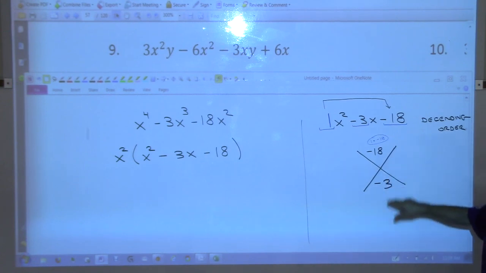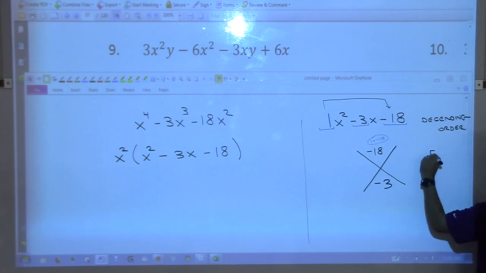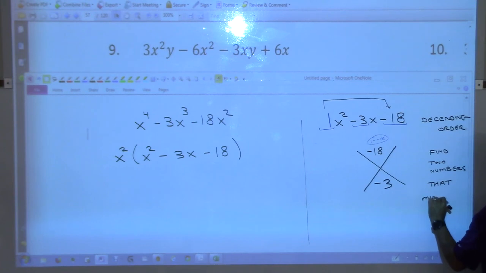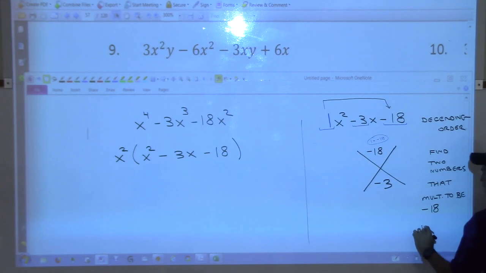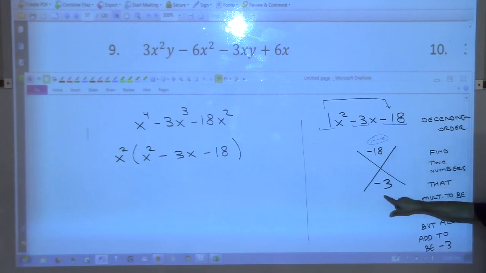What you have to figure out, mentally or on a calculator, is to find 2 numbers that multiply to be -18, but also add to be -3. So you're trying to find 2 numbers that multiply to be this and add up to be this.